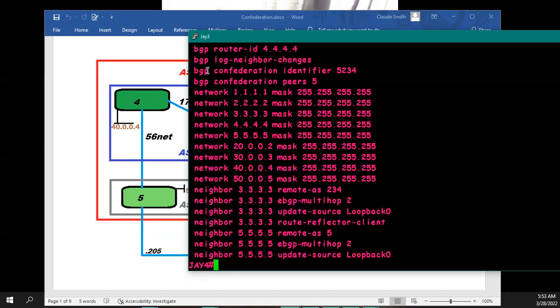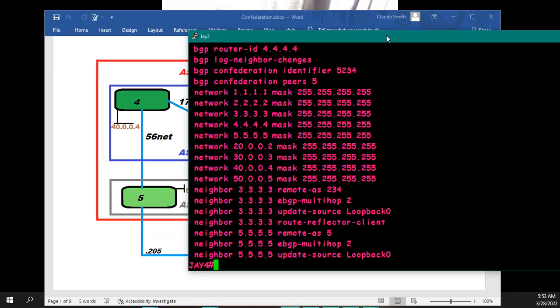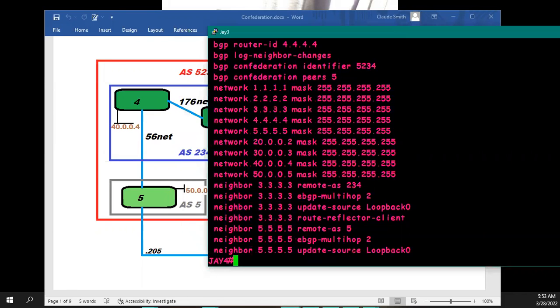Okay. And as you see up here, like I was explaining earlier with router number 2, we have a Confederation identifier of 5234, and we also know that we have a peer in that Confederation, which is autonomous system number 5, or as they call it, sub-autonomous system number 5.